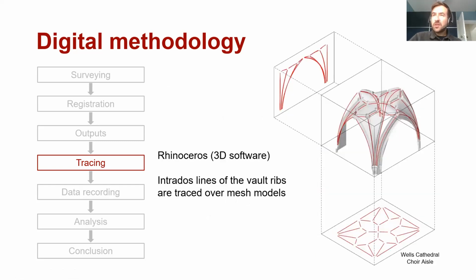So one of the first things that we do is we trace along all of these intrados lines, as you can see in this central image on the right. So we go through, trace each individual line. We can project out from that sectional views and plan views. But most importantly, we have these traced individual ribs, as I said.